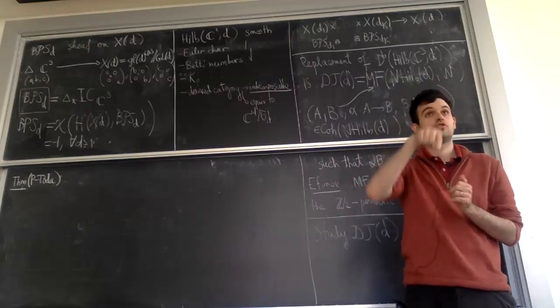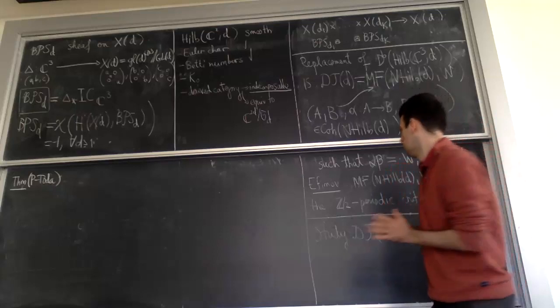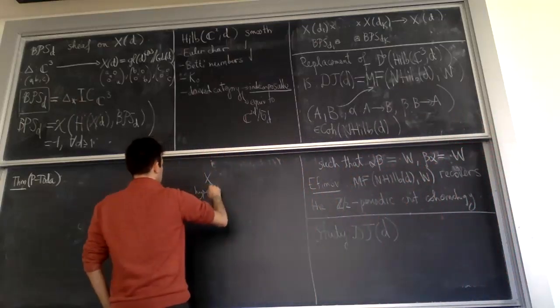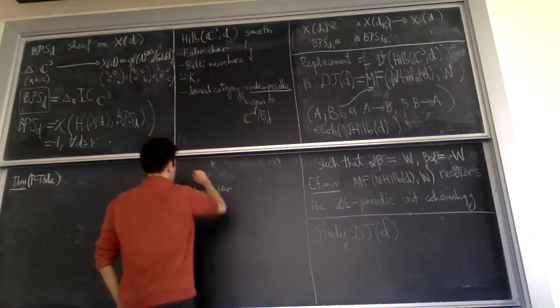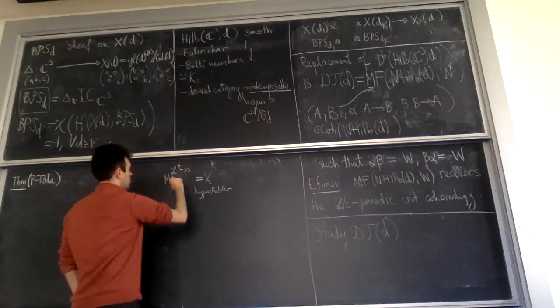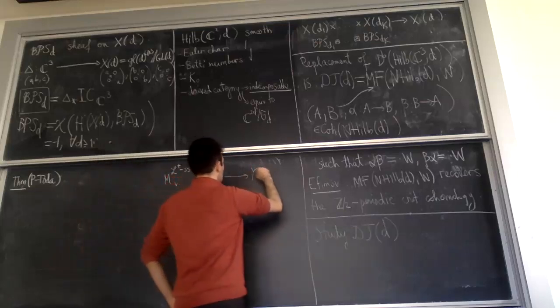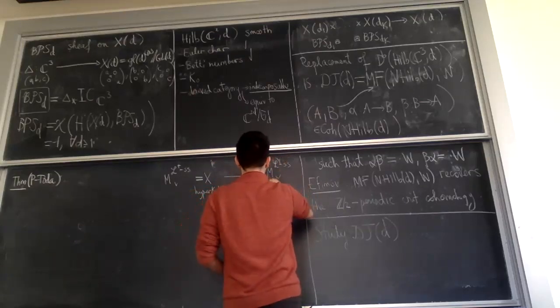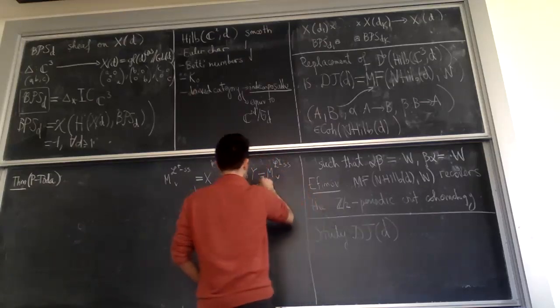Maybe I should write here. So this X is hyperkähler, let's say. So something like M_L-plus semi-stable V to Y, which is M_L semi-stable V, which is singular.